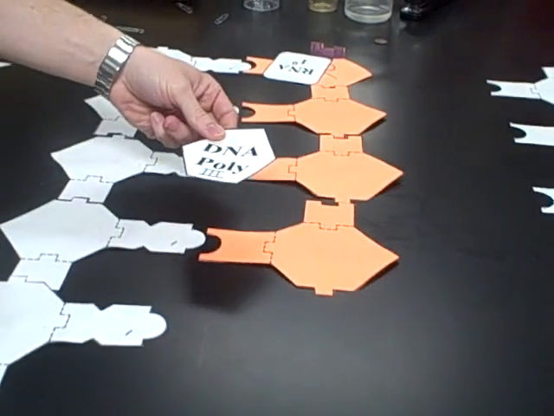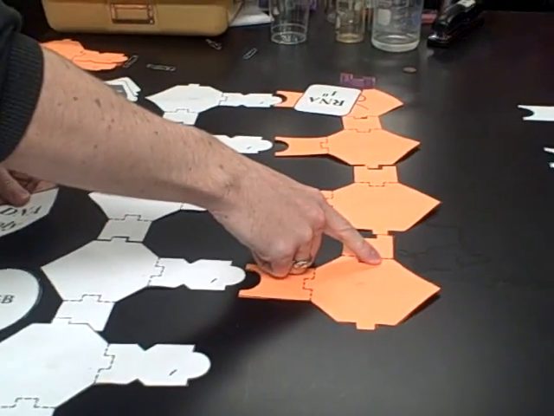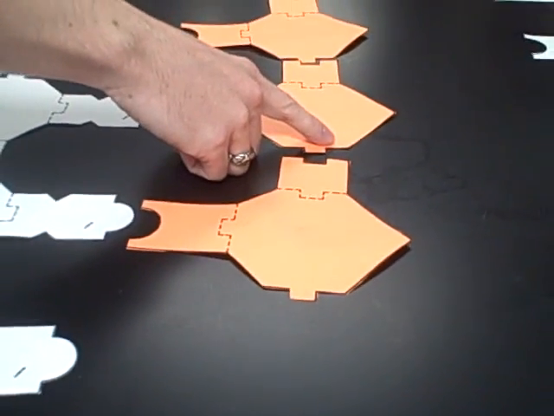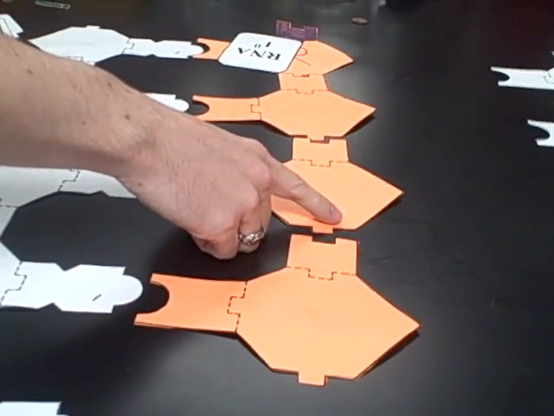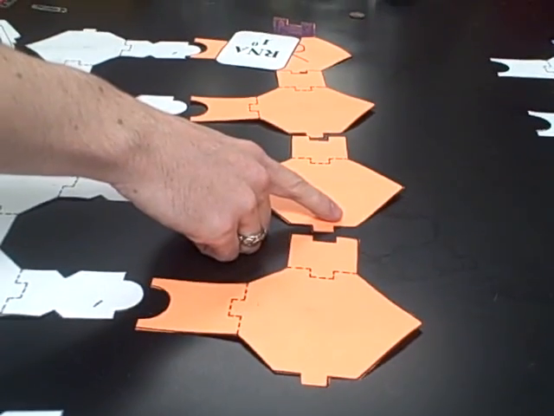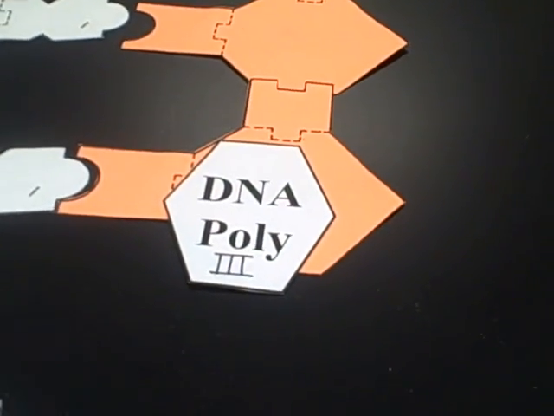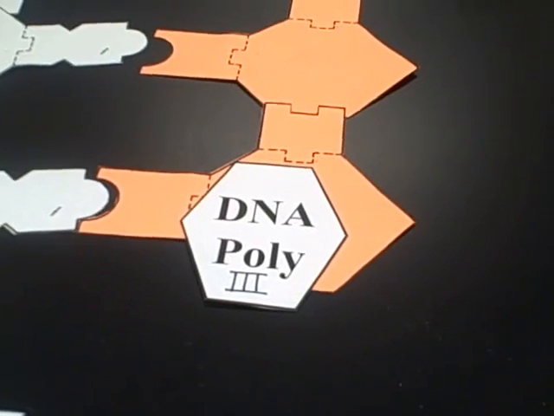You saw this on the video. The 5' end of the new nucleotide is attached to the 3' end of the old nucleotide. This is why the book refers to it as a 5' to 3' direction. The new attaches to the bottom of the old. Okay, so you can imagine that this is following right behind the helicase, and we're adding in new nucleotides.